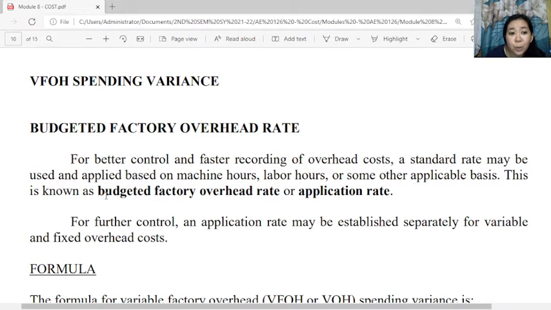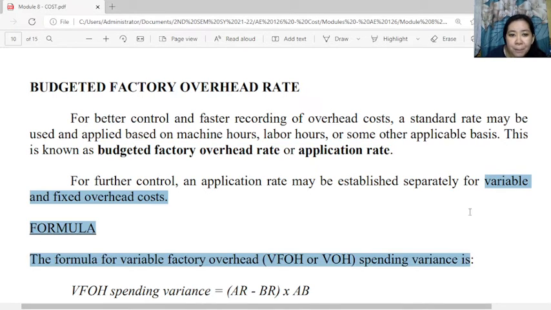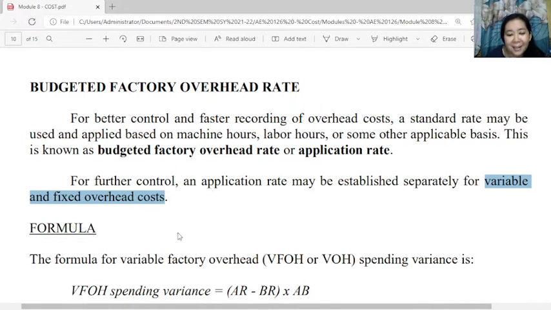This is also known as our budgeted factory overhead rate, or the other term that we are using here is the application rate. So for further control, an application rate may be established separately for variable and fixed overhead costs respectively. So meaning we will have an application rate for variable overhead cost and another for fixed overhead costs.